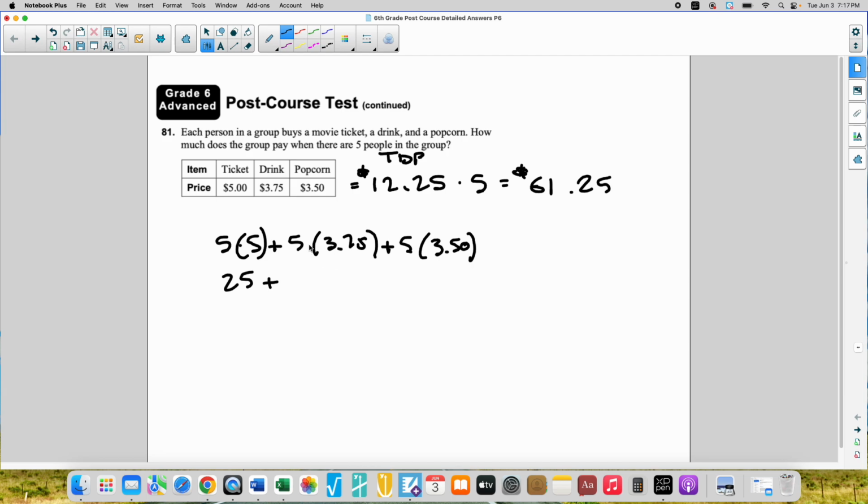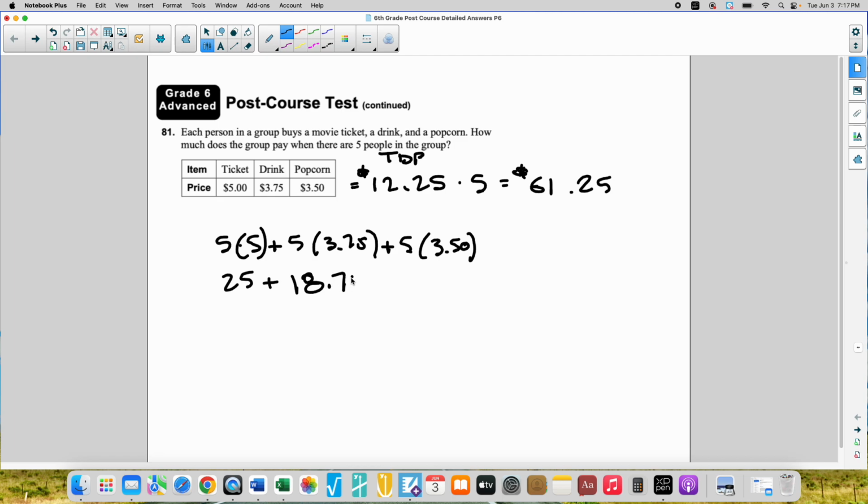Then 5 times $3.75, I can't do in my head. 75 cents, I have 5 quarters. That's $5 minus $1.25, so that's $20 minus $1.25. So that would give you, what's that, $18.75?